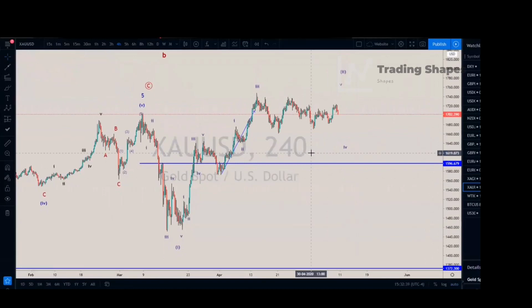XAU, I don't know if you see it or not. That's one wave. Change color. That's one wave. Change color. It's going to continue doing the following.